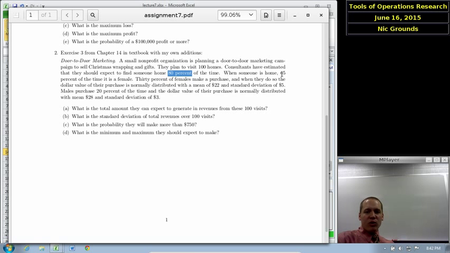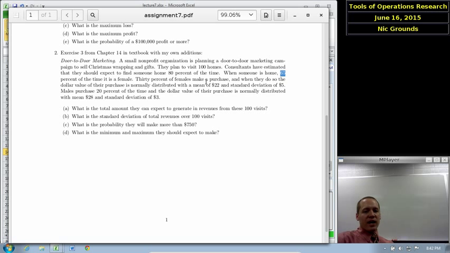When there is somebody home, I say there's a 65% chance that the person is female, meaning there's a 35% chance that the person home is male. So 80% of the time somebody's there, 65% of those 80% of times it's a female, 35% of the 80% it's a male, okay, and so forth.